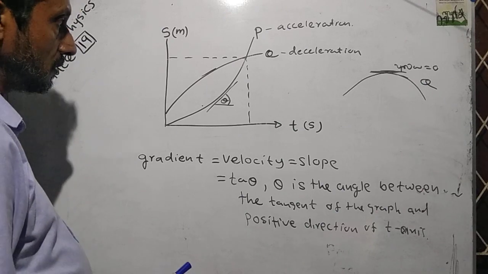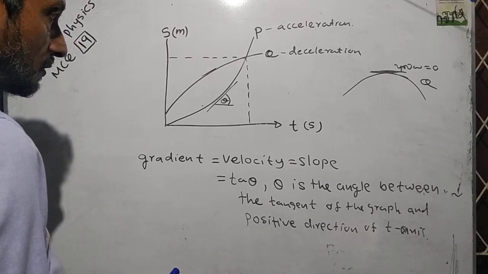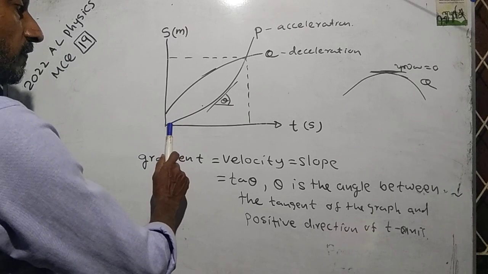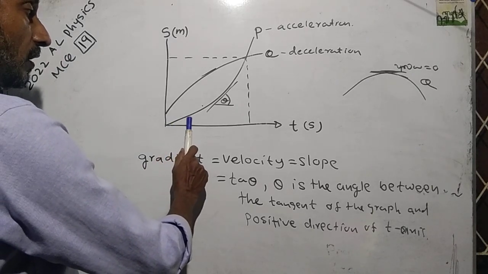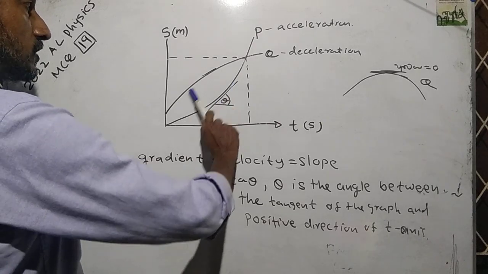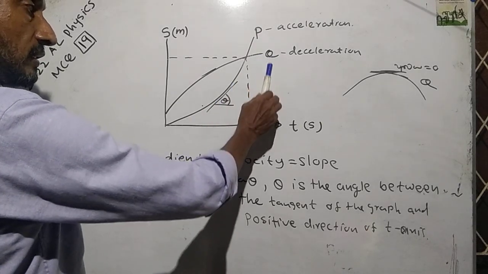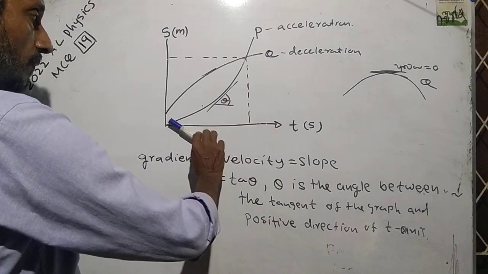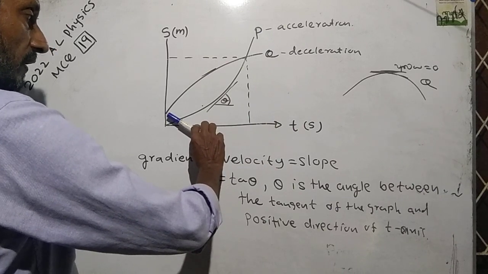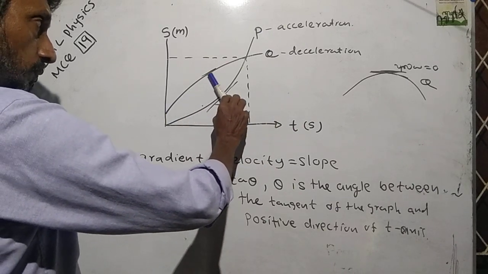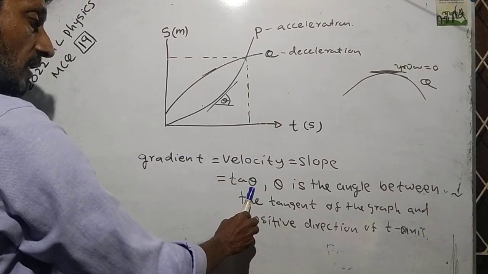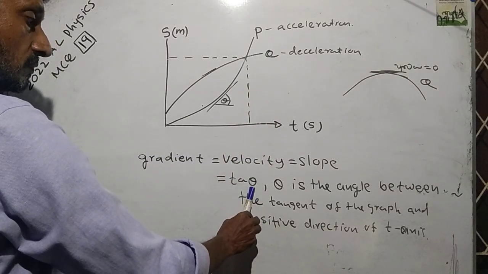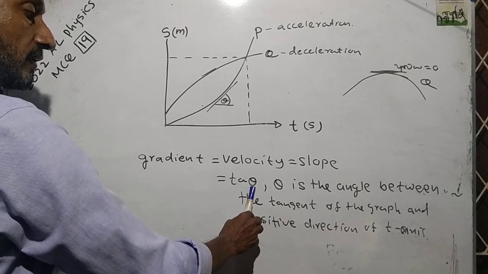The other thing is, the velocities or gradients of these two graphs are positive up to the considered point. Up to the considered point, the gradient of Q is positive. Tan theta is positive, it's acute. For acute angles, tan theta is positive.